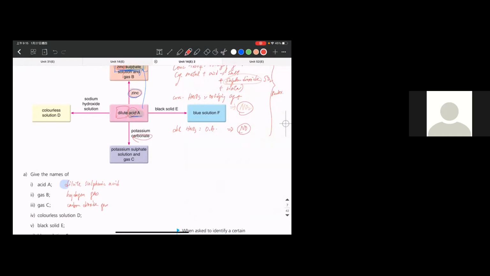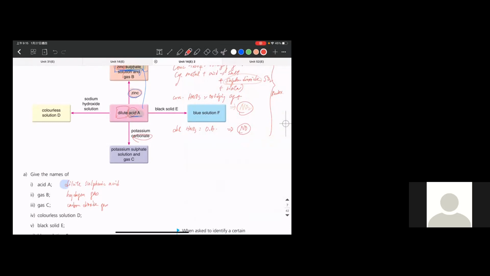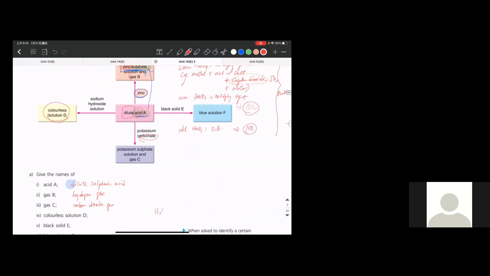Colorless solution D. So it's H2SO4. Now, if you find it difficult, that is the way to solve the problem.